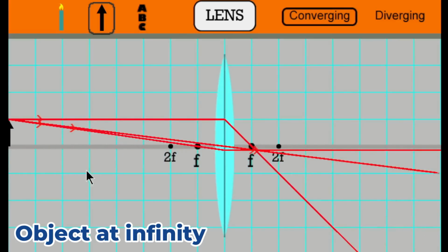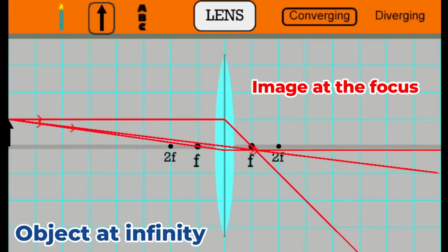Okay, so as you can see, when you have an object that is very far or located at infinity with respect to your lens, your light rays would converge on the focus on the right side. Ibig sabihin, the image will be formed at the focus.